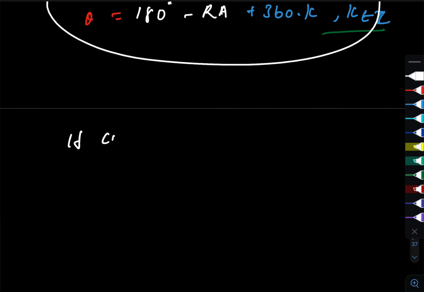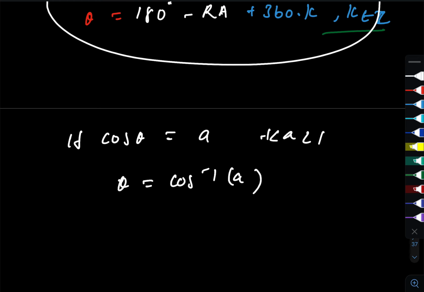If the cosine ratio is involved, a is still between negative 1 and 1. You're going to have theta equals cosine second function of a. This is more like when you punch shift and then cosine on the calculator.